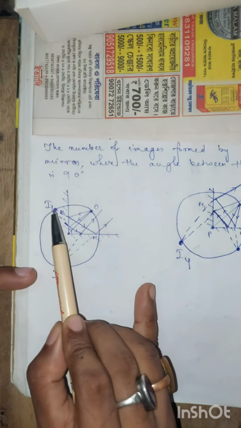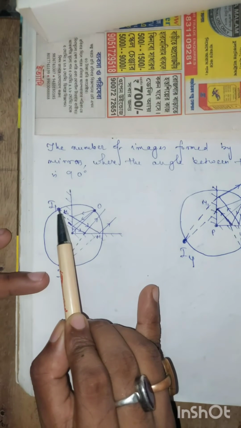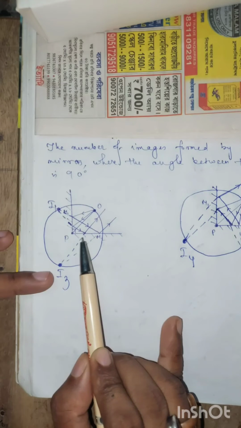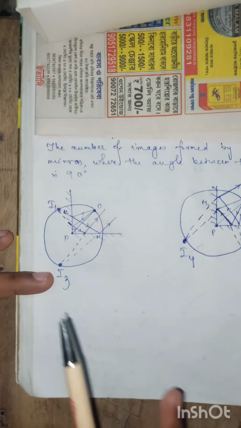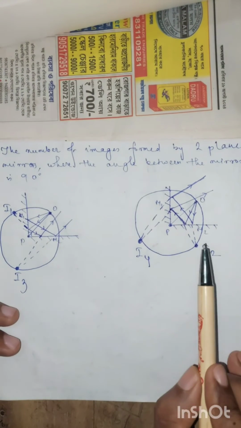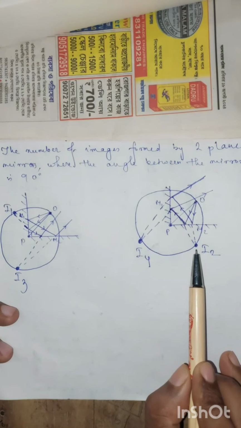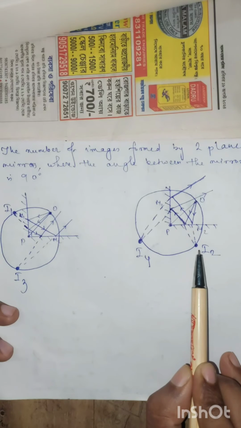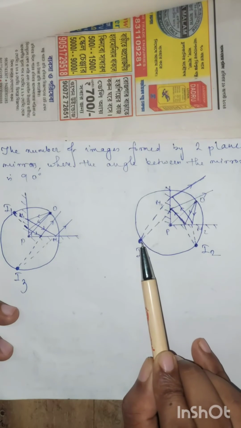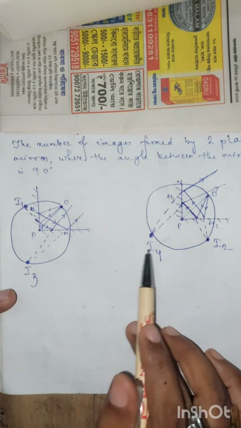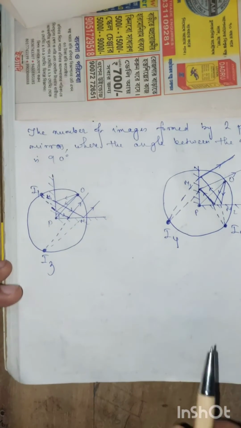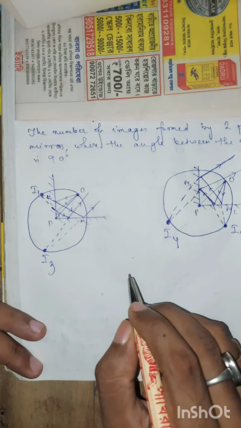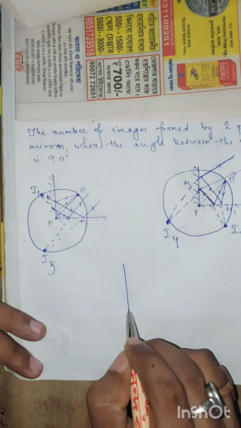Okay, now when this acts as a virtual object, the image of I1 is formed, which is I3, and when I2 acts as a virtual object, image I4 is formed, and image I3 and I4 get overlapped. Okay, that is why the complete figure looks like this.